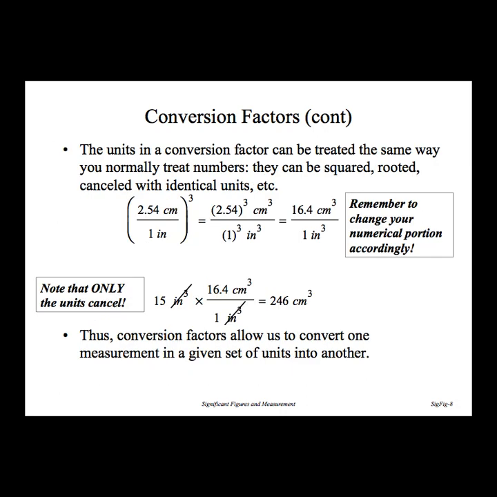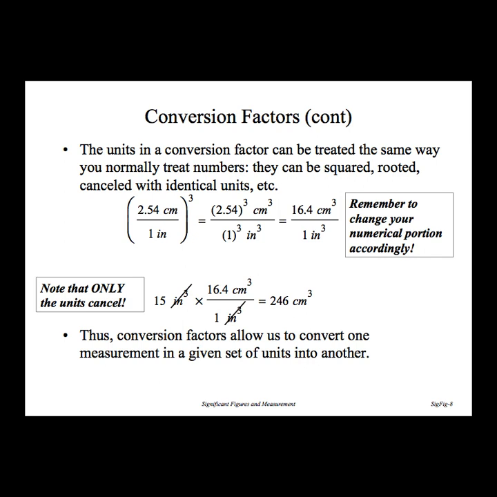But I do know what the conversion is between inches and centimeters. 1 inch is equal to 2.54 centimeters. Let's take that ratio, 2.54 centimeters for every 1 inch, and let's cube it. Because if we cube that quantity, centimeters becomes centimeters cubed and inches becomes inches cubed.